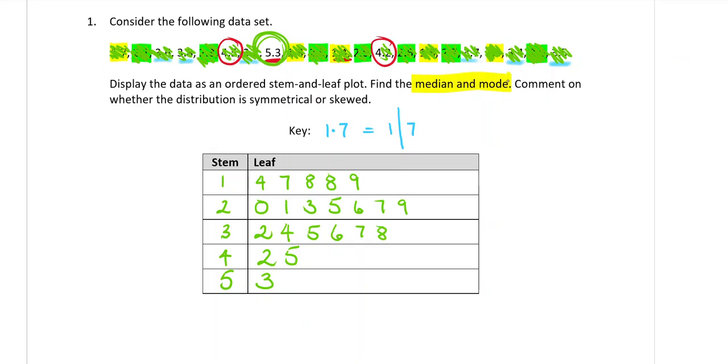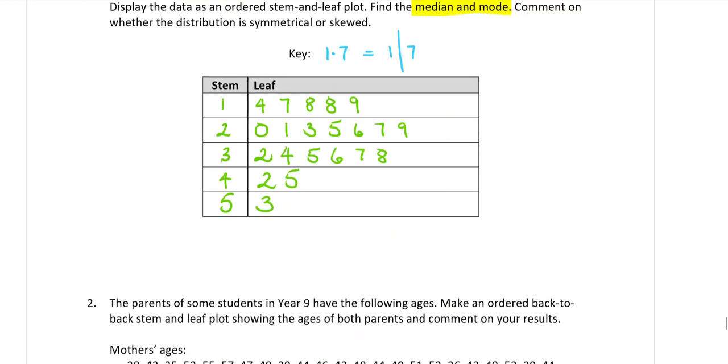Now, one of the best properties of a stem and leaf plot is that all of those numbers are now in order in there. So if we were clever, we could try crossing off in our leaf from the beginning and the end, but that gets pretty confusing. So the other method that I taught you guys was to find the position.